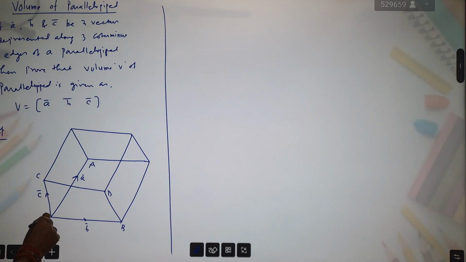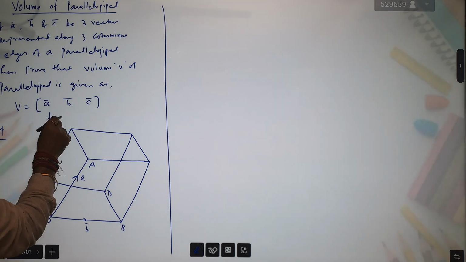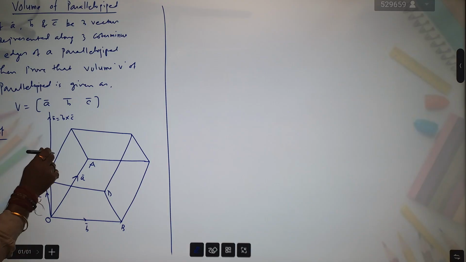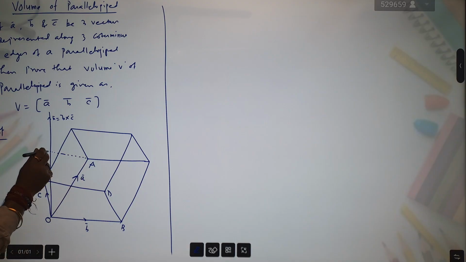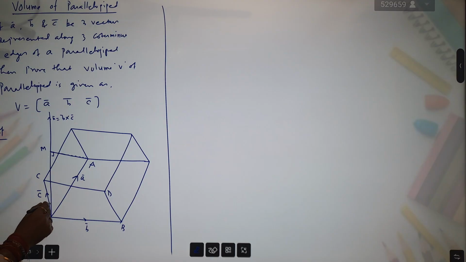N bar is vector perpendicular on B bar, B bar cross C bar. Draw AM perpendicular on it; length OM represent height of parallelepiped. Let theta be angle between A bar and N bar.